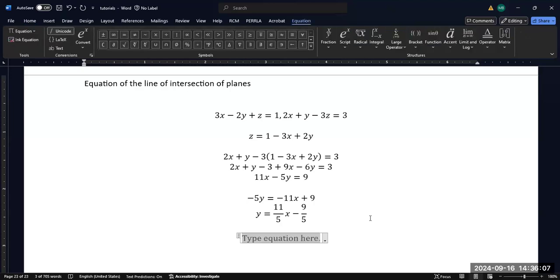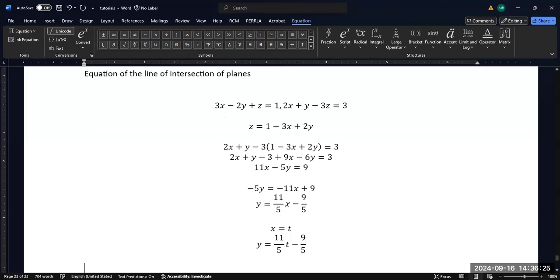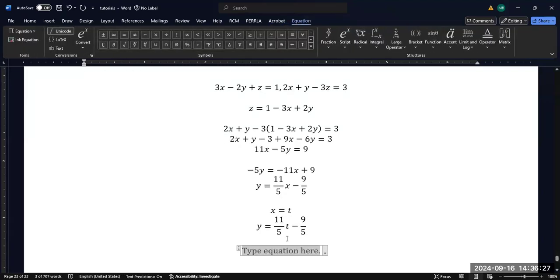But when you solve this equation, your independent variable is now going to become x equals t. That's your parameter. And then for y, you're going to substitute your t in for x. So that'll be 11 over 5 t minus 9 over 5. And then you substitute both of these in for z to get your parametric expression for z.